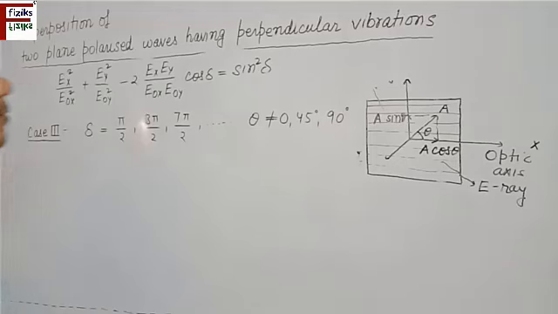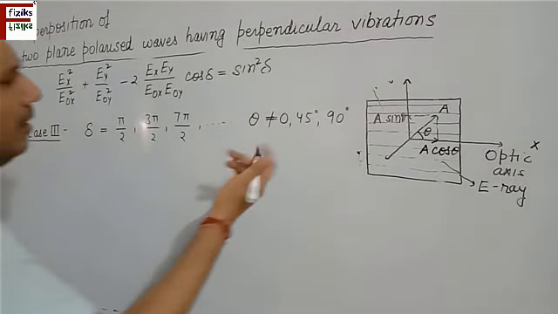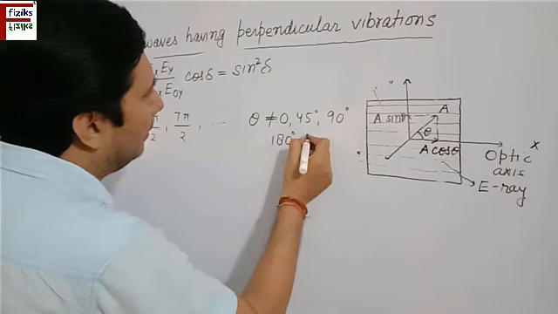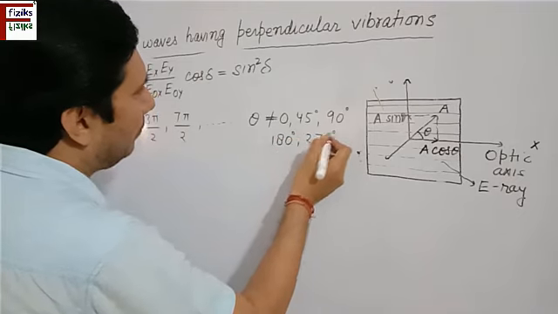You can also write 180 degree, 270 degree. It should not be equal to these angles.